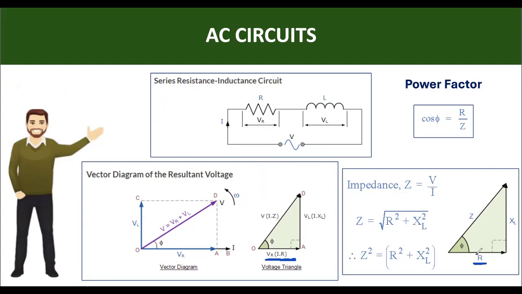Here was the resistance of the resistor. Here was the voltage of the resistor. The vertical axis now refers to the reactive components. This is the VL, and here is XL. Okay, and the total values are given by this resultant.